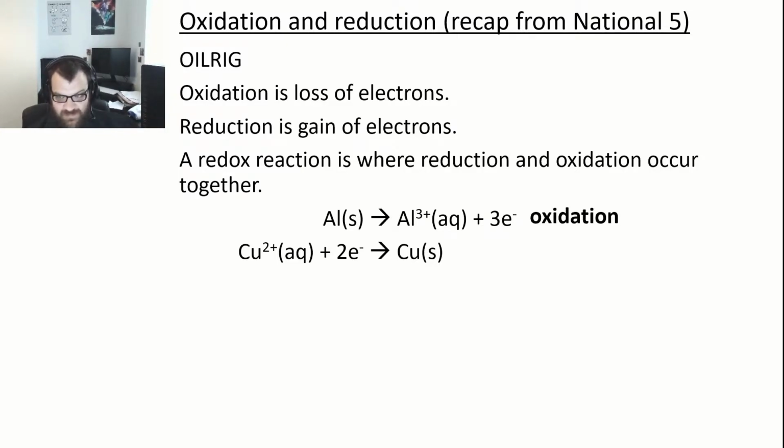The aluminium is losing electrons because at the end the electrons have moved away from the aluminium and we now have a positive charge in the aluminium ion. For the copper, we have the electrons on the left hand side, they are gaining electrons, therefore that's going to be a reduction. If we know we're talking about redox, one of the half equations will be oxidation, the other one is going to be a reduction.